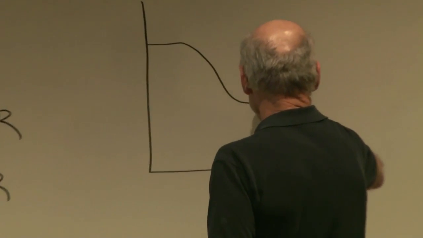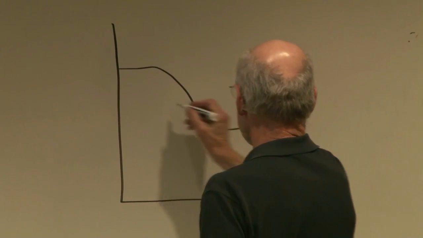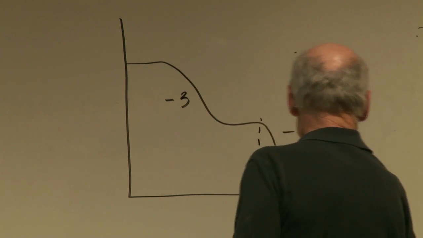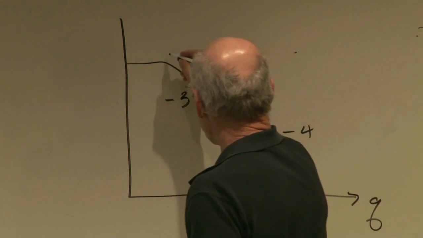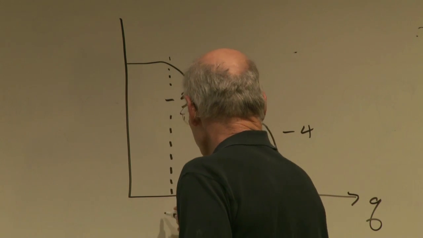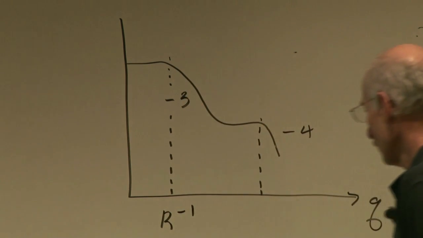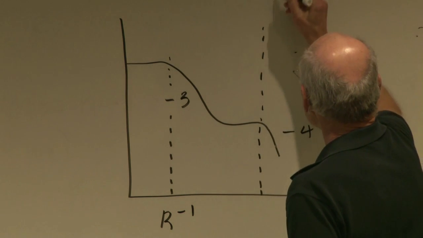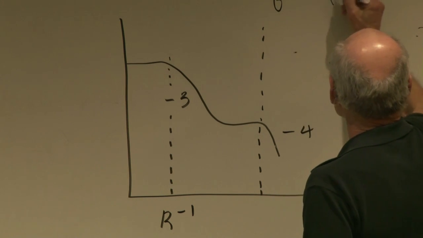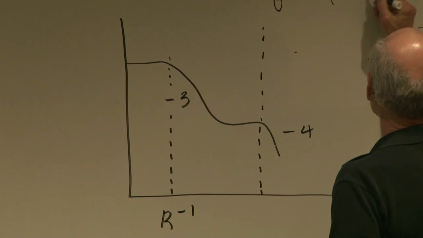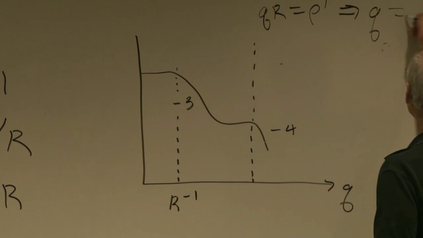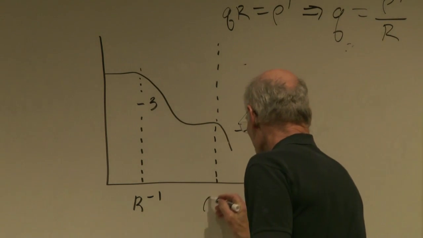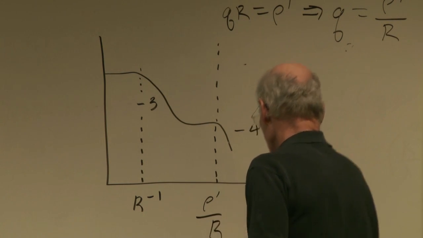We've got the -3, the hump, and the -4. If this is versus Q, then this point right here is R to the -1. Since this is where QR equals rho prime, this is where Q equals rho prime over R.